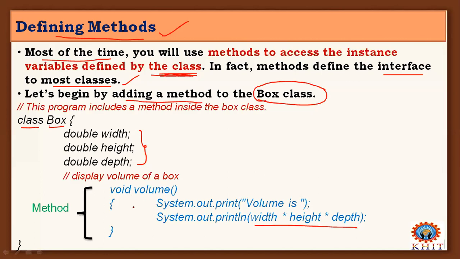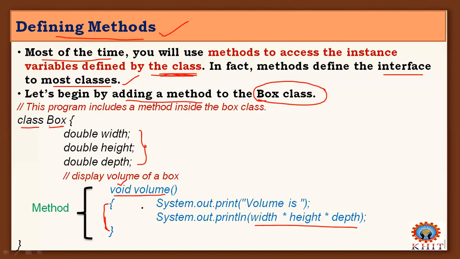So I have defined one method called volume, and the type of the method here is void with no parameters. This gives the method definition, and it has some scope.